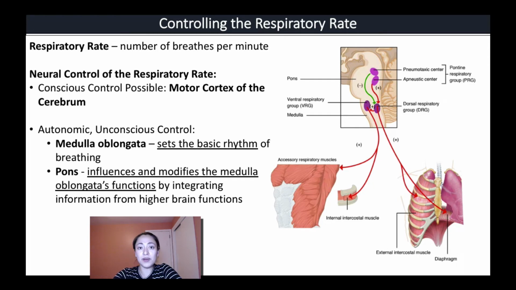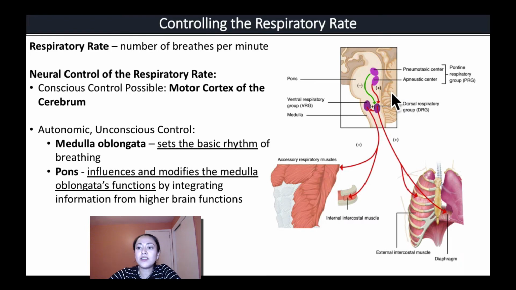Specifically, the medulla oblongata is setting the basic rhythm of breathing. And you can see that there are nerves leaving the medulla oblongata, its respiratory centers, and innervating the muscles that are used for breathing. The pons also has some influence over your breathing because it can send signals to the medulla oblongata to modify its function based on information from higher brain centers.